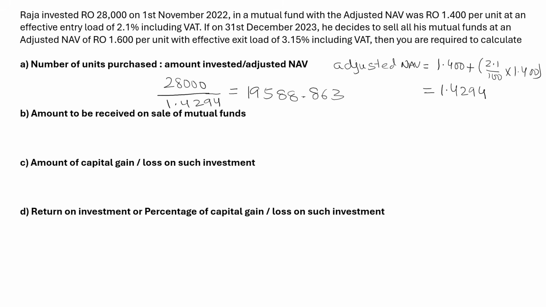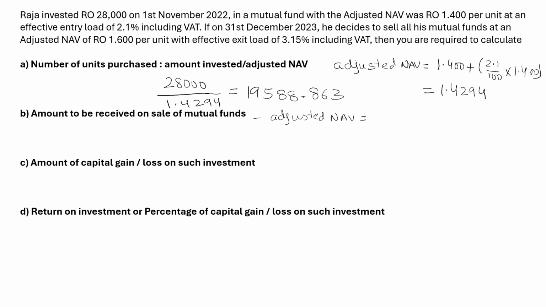Now amount to be received on sale of mutual fund. How much amount will he receive on sale of mutual fund? We will write number of units sold multiplied by adjusted NAV, deducting exit load. So first we will write adjusted NAV. He is selling. Adjusted NAV means minus exit load.